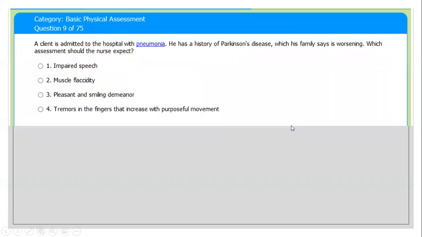Next question. A client is admitted to the hospital with pneumonia. He has a history of Parkinson disease, which his family says is worsening. Which assessment should the nurse expect?